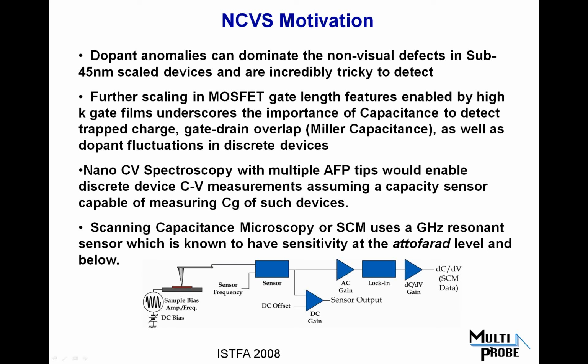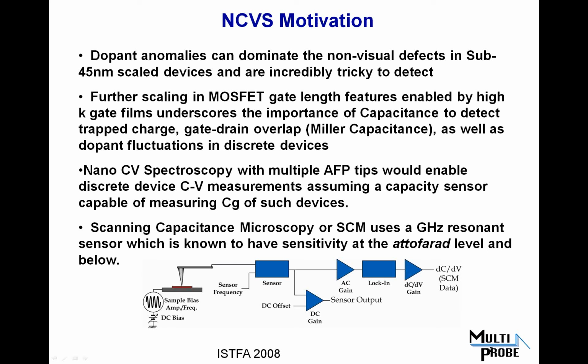And I'll go on, but the point here is that capacitance was used to do that, but for doing individual CV metrology, it hasn't really been usable, because the device that we made for Digital Instruments, and then what was essentially copied or reproduced at other AFM companies, didn't really work very well for CV.